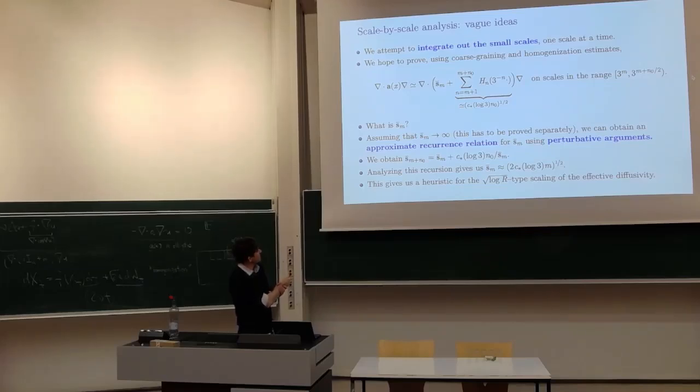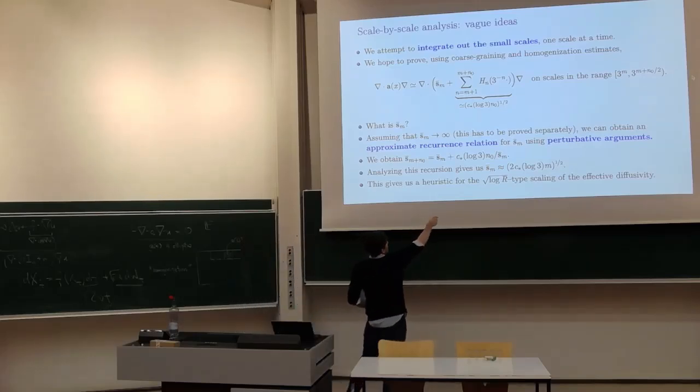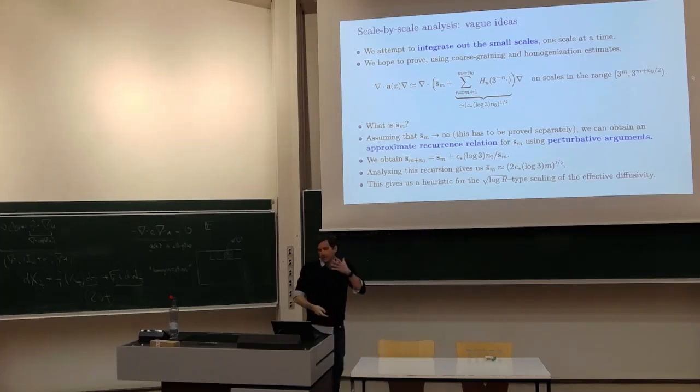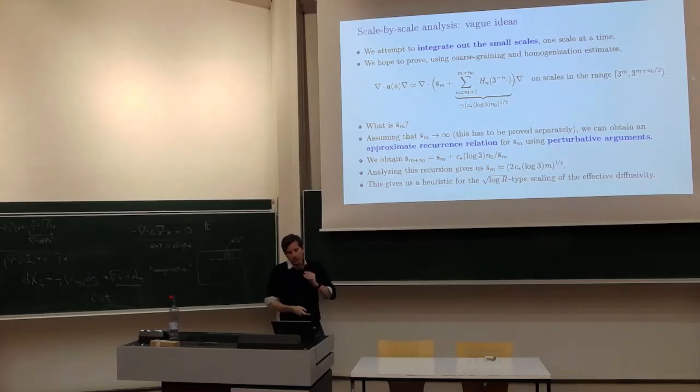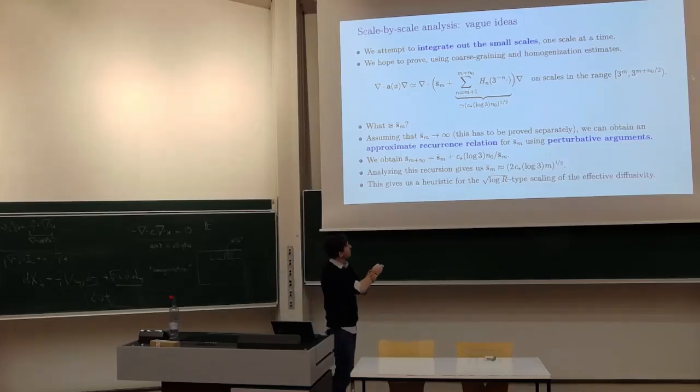And you get that the S bar m plus n naught should be S bar m plus a constant. And the constant is really some special constant which has to do with what this thing is doing, times log 3. I just normalized the constant by log 3 because the scales are powers of 3.